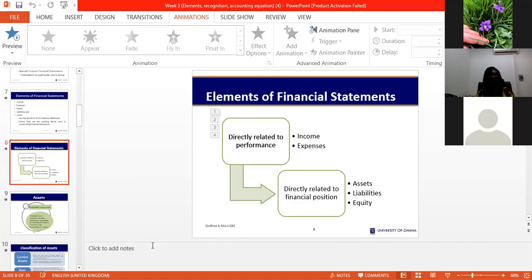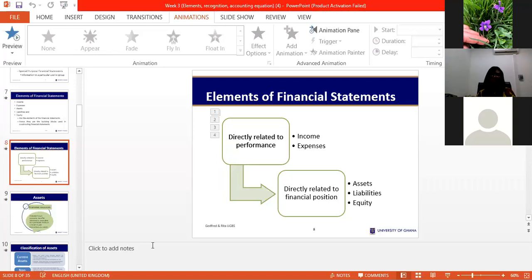We have two which relate directly to our financial performance. You heard one of our colleagues, I think Kelvin, saying that it provides information about financial performance.